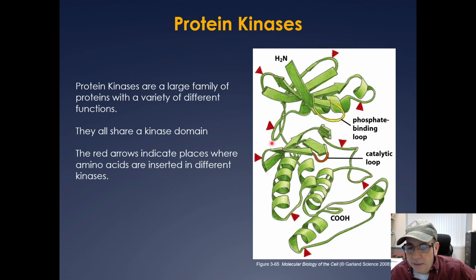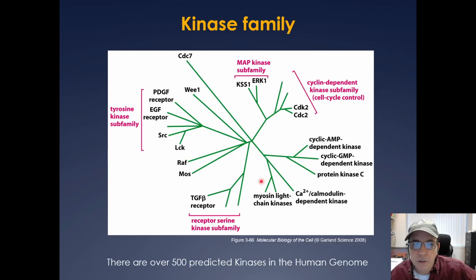In this image, the red arrows show where amino acid differences occur in different kinases. But they all share this kinase domain, and they all contain a phosphate binding loop. So I encourage you to go back and look at SARC. Here's some of the family of kinases.